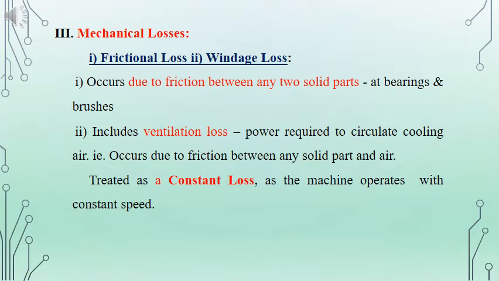And second, the windage loss is because of the friction between any solid part and the air, or we can consider it more as ventilation loss. These two mechanical losses can be considered constant if the speed of the machine is constant.